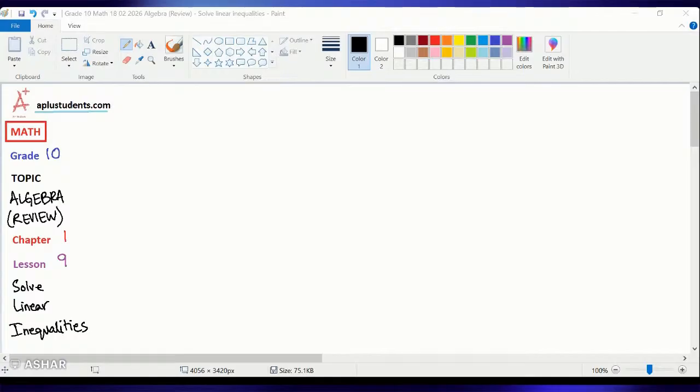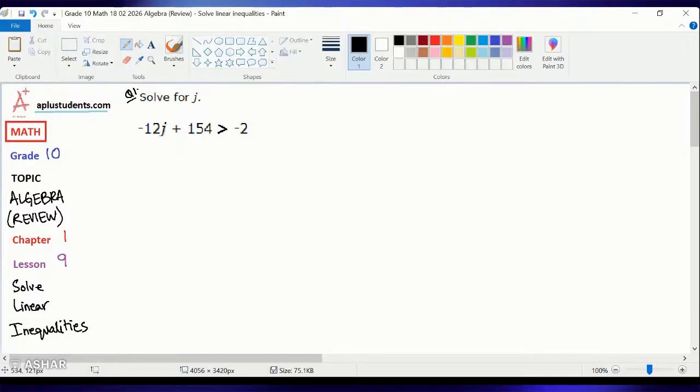So linear inequality means that we have either a greater than sign or a less than sign, right? Let's solve this. Question number 1 says solve for j such that 12j plus 154 is greater than minus 2, right?